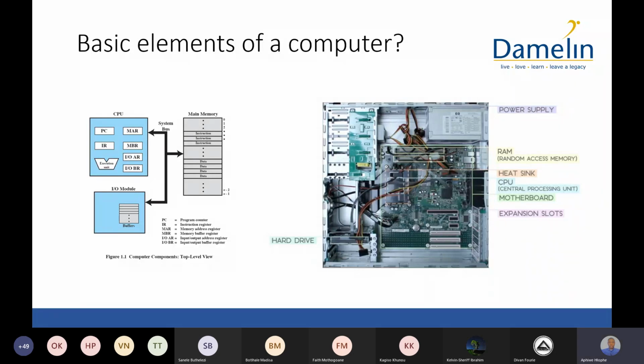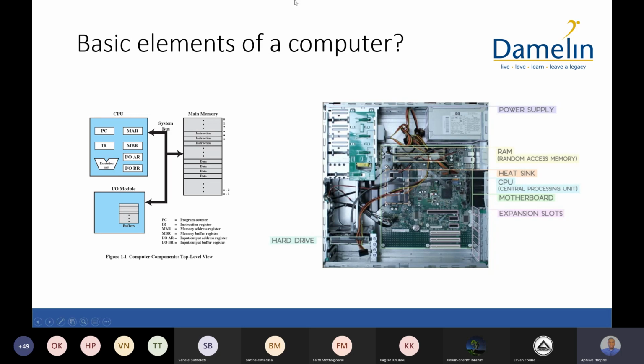So we also discussed the basic elements of a computer. A computer is made up of several components, but it's key for us to recognize the key ones, which means you can't even call this box on the right-hand side a computer if it doesn't have those components. Okay, you can't even call it a computer.